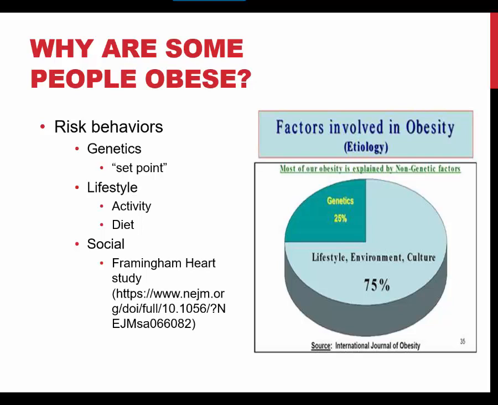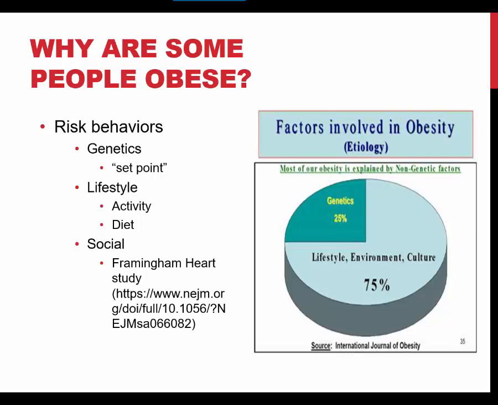One set of factors contributing to obesity deals with lifestyle. How active are you and what is your diet? And although that might seem very personal, right? Like you make a decision to eat certain things, you make a decision whether or not you are active. This also can become very sociological.